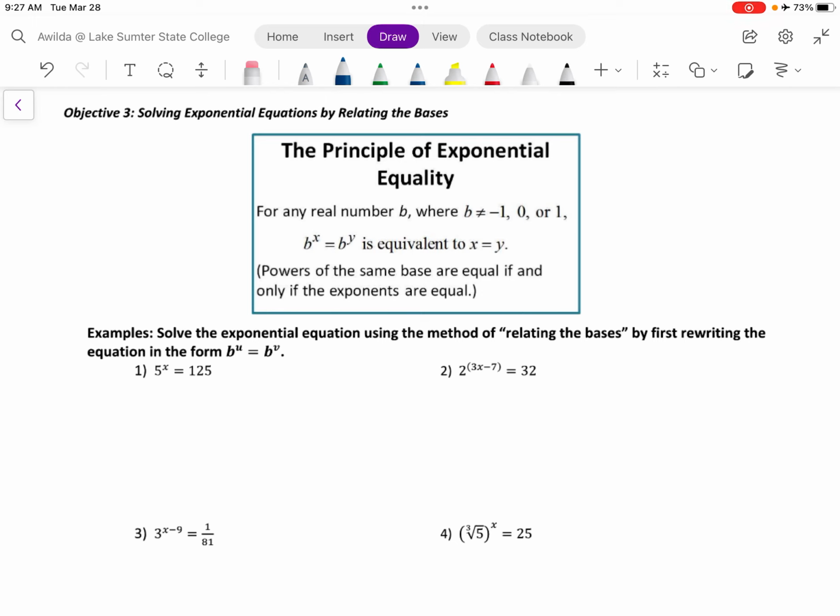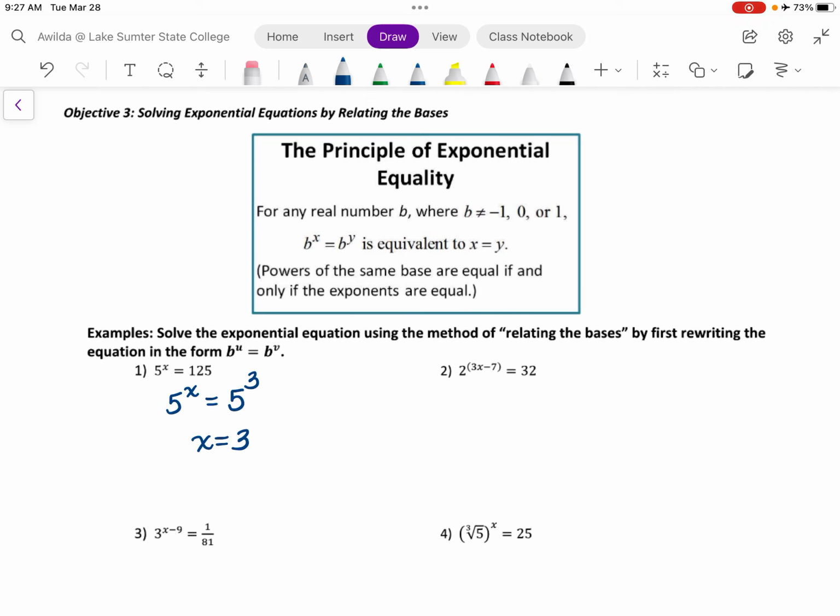So we have 5 to the x is equal to 125. I'm going to write this as 5 to the x power is equal to 5 to the third power, because 5 times 5 times 5 is 125. So we see here we have two powers that are equal and they have the same base, so the exponents must be equal. This one was pretty simple.